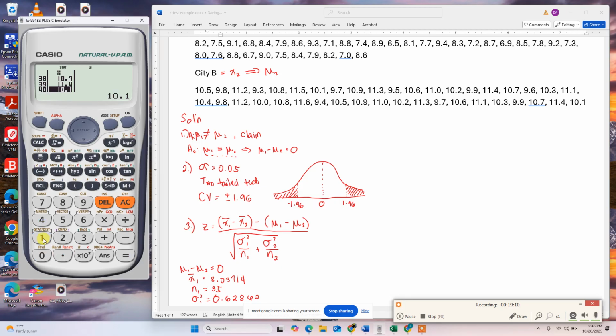So that is 40. So again, our n sub 2 is equal to 40.